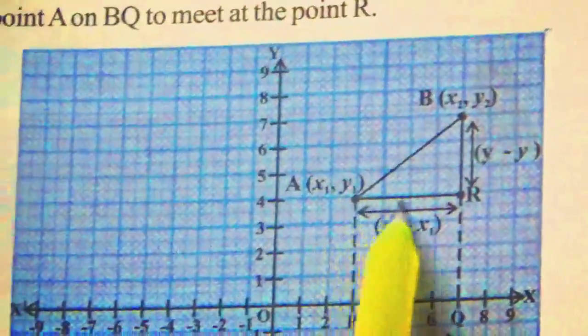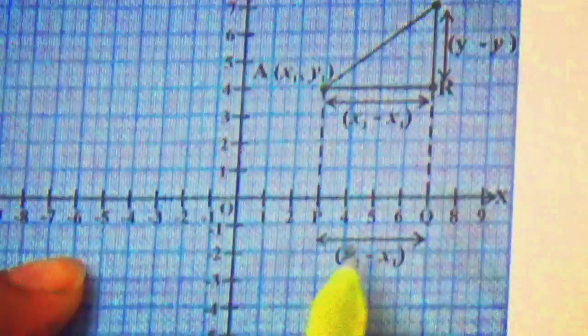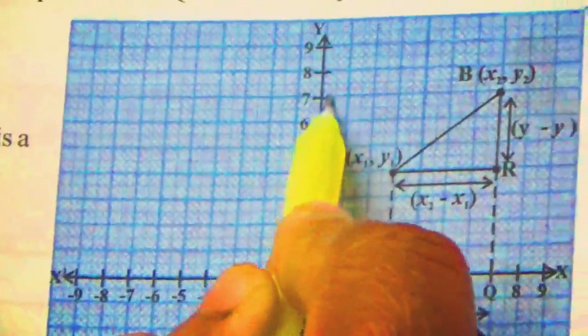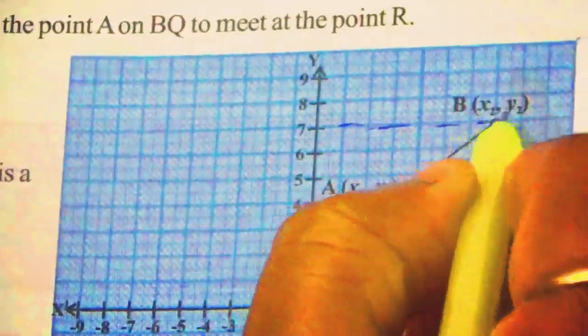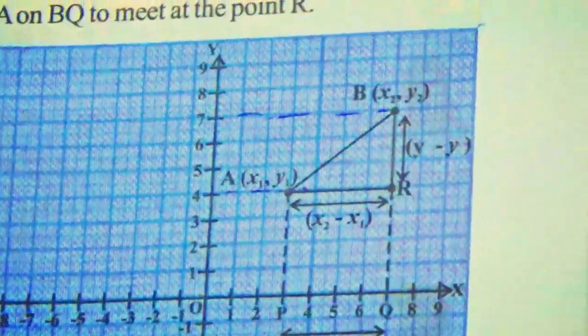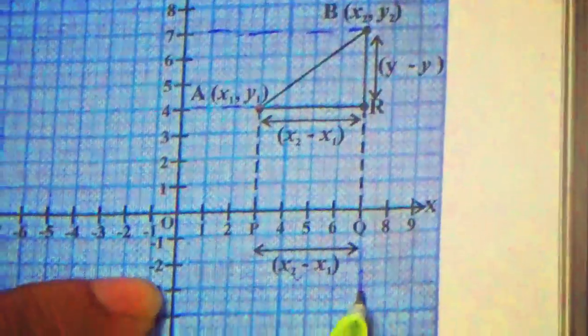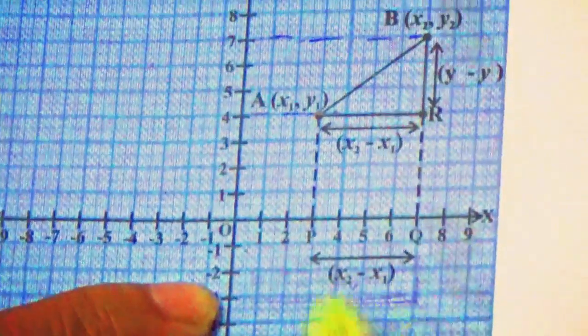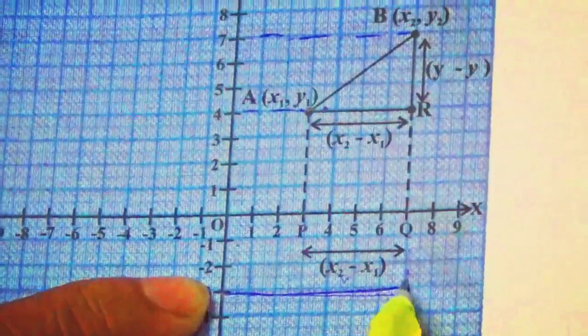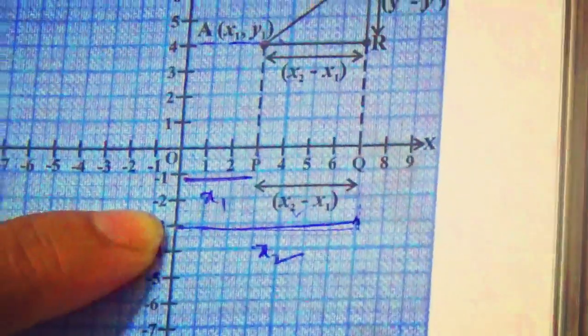When you add a right angle triangle and join this with the x-axis and also the y-axis, what is the distance from here up to here? That is x1. Up to here, that is x2, the distance up to the point B. And up to A, this point, that is x1.